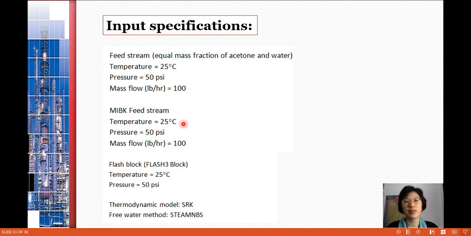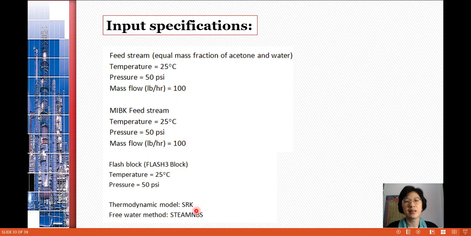You have two feed streams because you need solvent, the MIBK, to extract acetone from water. For MIBK, the temperature, pressure, and even the flow rate are the same as the acetone feed stream. Then we have the specification for the flash drum: temperature 25 degrees C and pressure 50 psi.